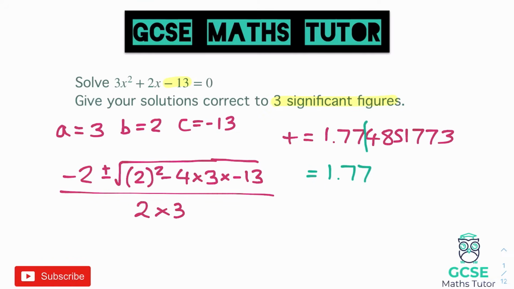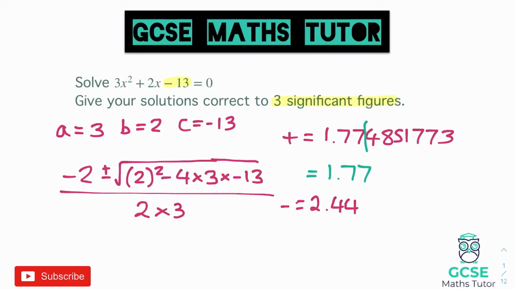Okay, so onto our negative value. Let's go back into the calculator, delete the plus, put a takeaway in there, and press equals again. And here we go, we've got our second value here. So for our negative value, we're going to get 2.44.